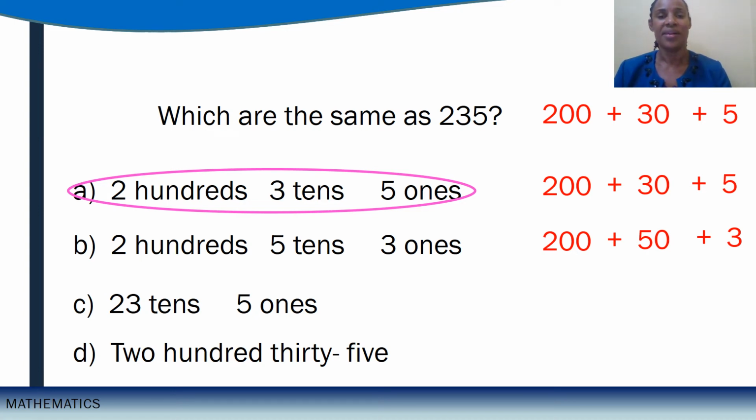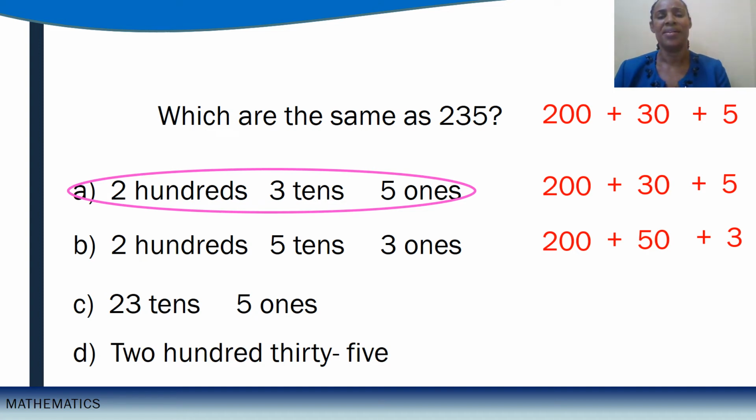Now, boys and girls, let's move on to C. What about 23 tens and 5 ones? Is 23 tens, 5 ones the same as 235? How are we going to find out, boys and girls? Great! If you said we must first check, that is correct. But do you know the value of 23 tens?